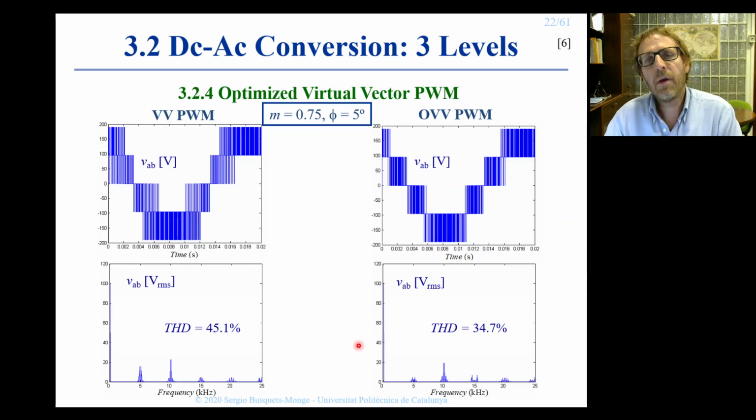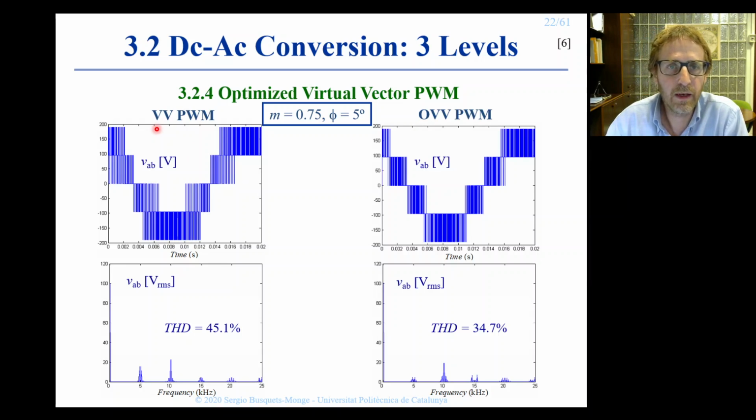Anyway, if we compare the performance of this new optimized virtual vector pulse width modulation to the original virtual vector pulse width modulation, we can clearly see that while both strategies can keep the capacitor voltages balanced in every switching cycle, the new optimized virtual vector pulse width modulation presents a much lower distortion than the original.